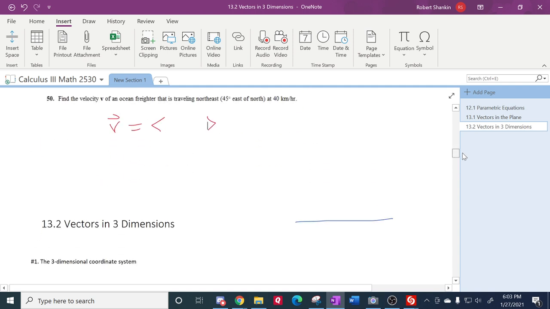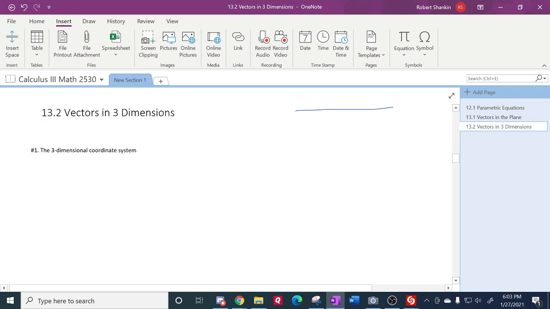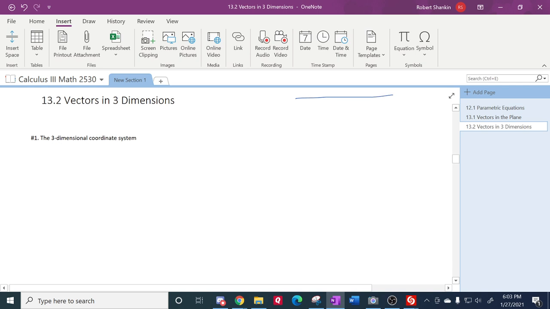All right, anything else? All right, let's go to 13.2, vectors in 3 dimensions. We'll be in 3 space this whole semester. That's what Calculus 3 is.